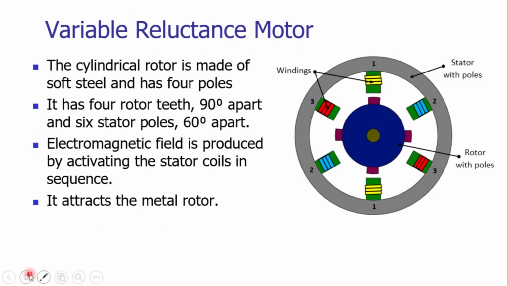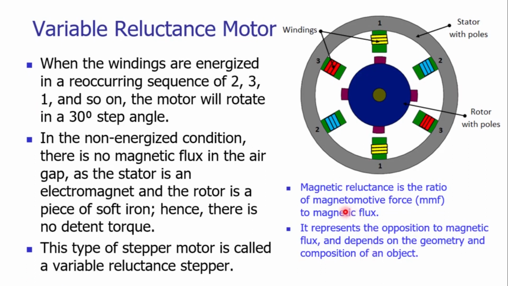So let us look at what the variable reluctance motor is. The variable reluctance motor works on the principle of magnetic reluctance. Magnetic reluctance is very analogous to electrical resistance in electrical circuitry.